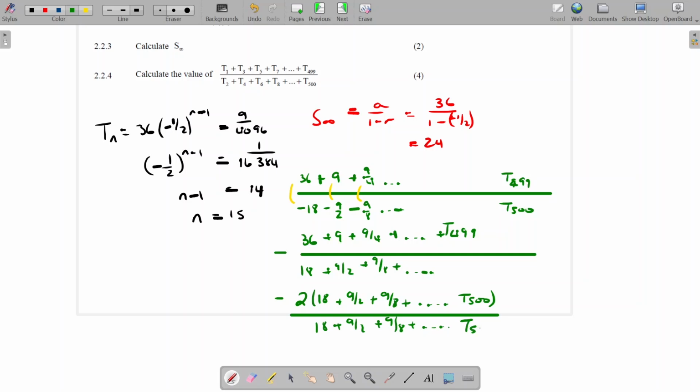Now, the worst part about this is realizing that actually what I've got here is term 500 over term 500. But by dividing by 2, I've shifted each one of these one across, and so that term 499 becomes term 500. Putting brackets on the bottom makes it a little bit easier to see, but those are the same.